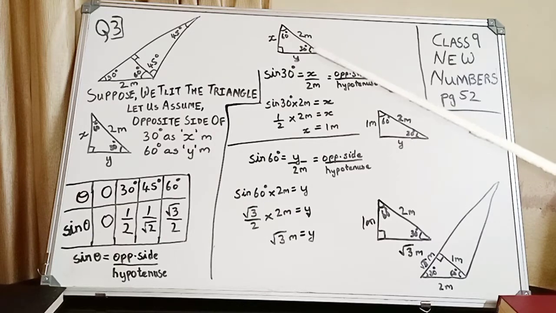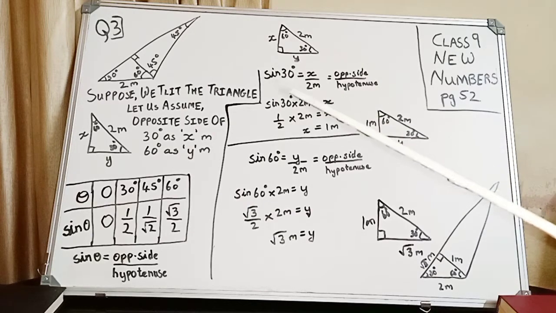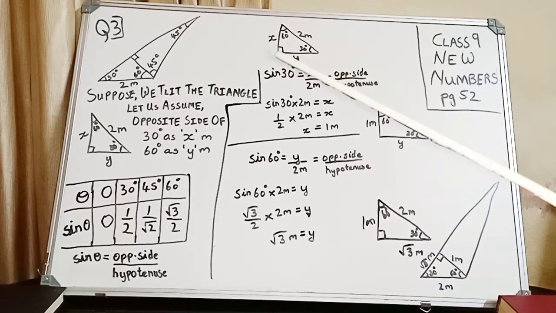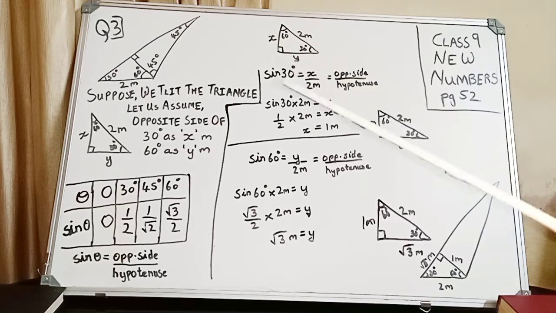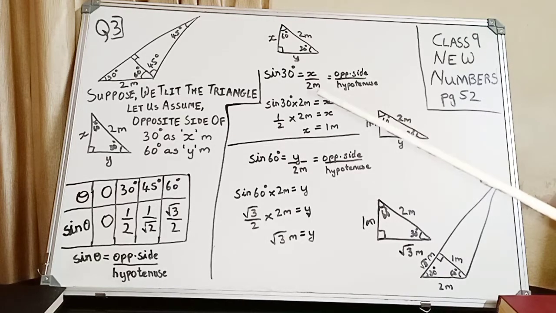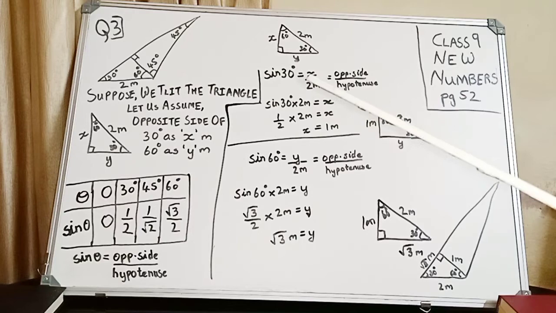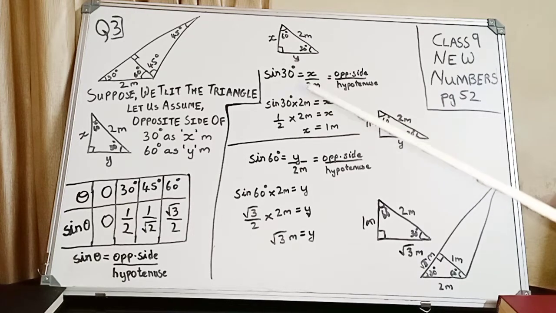So here in this diagram, the side opposite to 30 degree is x, and the hypotenuse is opposite to the 90 degree. So that is why we have taken x divided by 2m. 2m is the hypotenuse and x is the opposite side. So now this is the equation: sine 30 is equal to x by 2m.